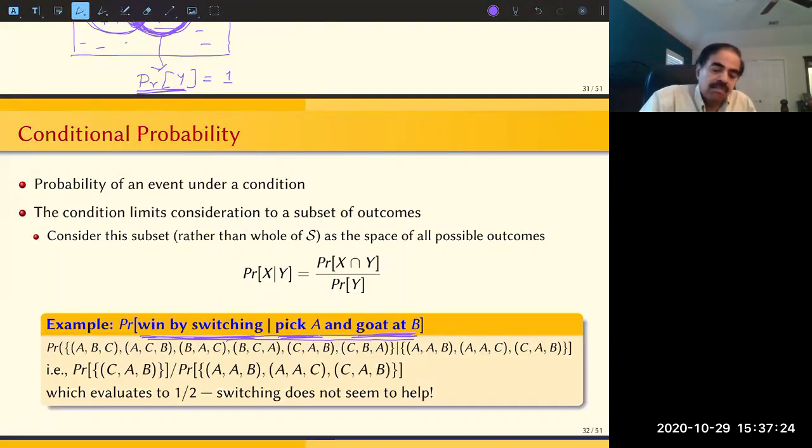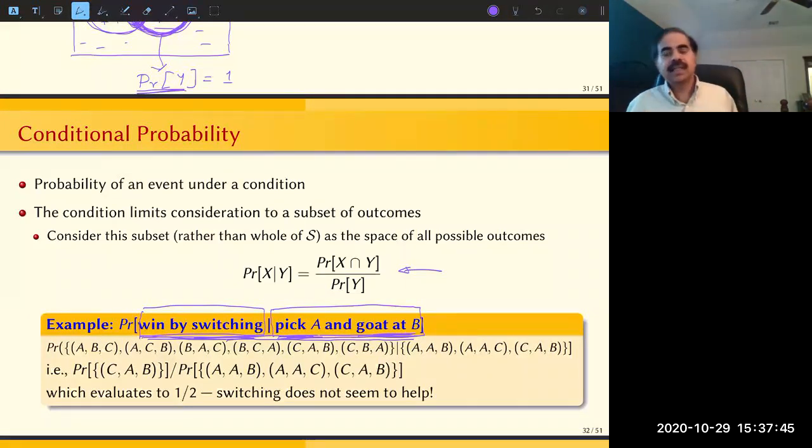So once again, this is going to be one set, and this is going to be another set, and we are simply going to use this formula to estimate the conditional probability. What does the conditional probability tell you? It tells you whether, given the information that you know, it makes sense to switch or not.